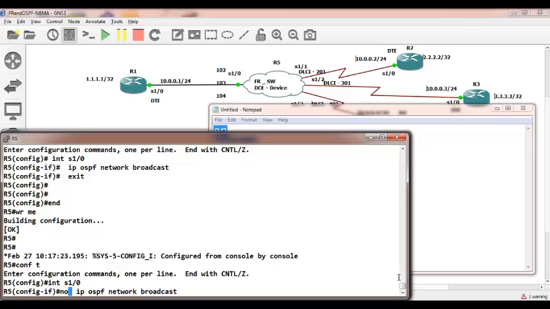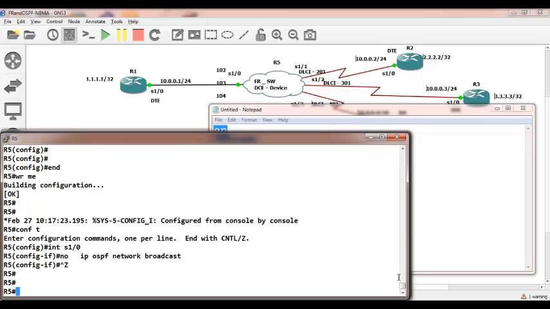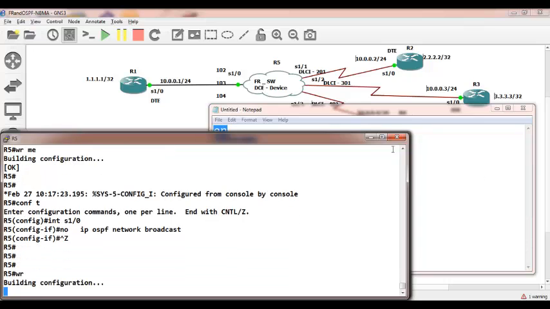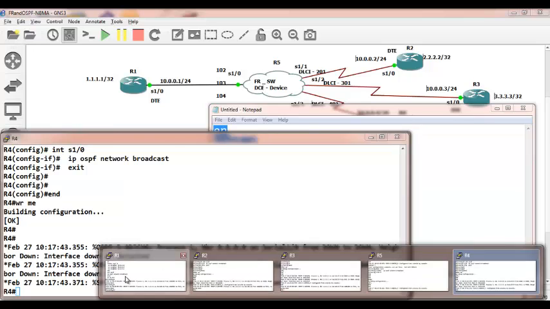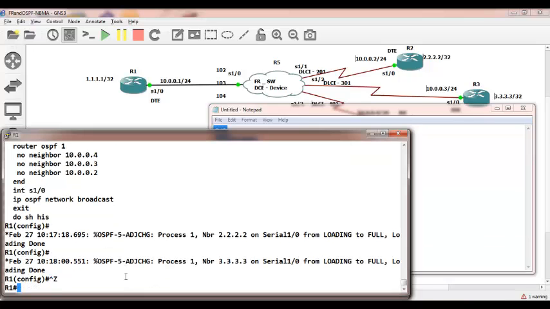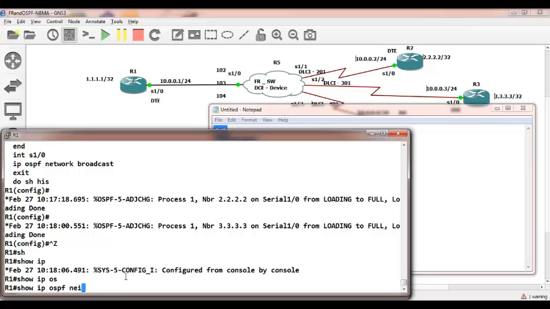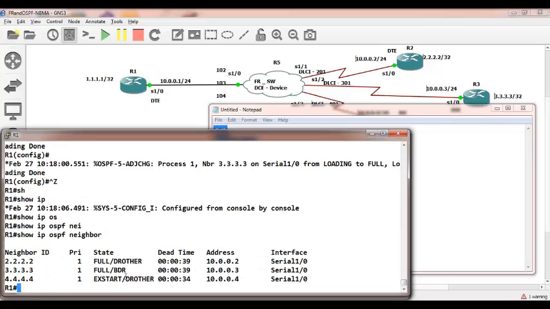Okay, so what I'm expecting now is R1 to have neighbors. Show IP OSPF neighbor. You see, it has got 3 neighbors, and you see there is a DR BDR election. R1 is a DR. R3 is seen as a BDR.